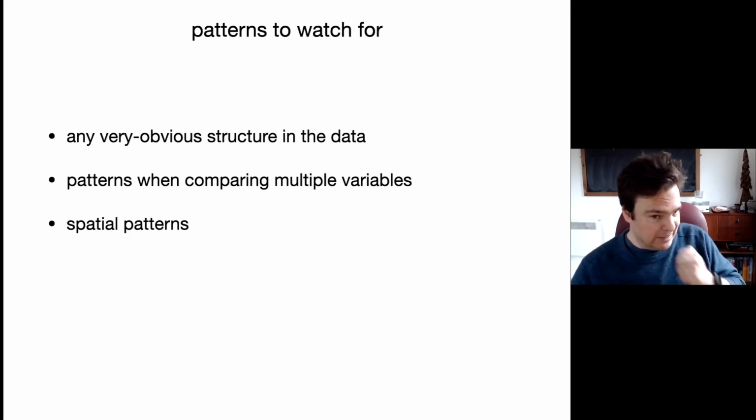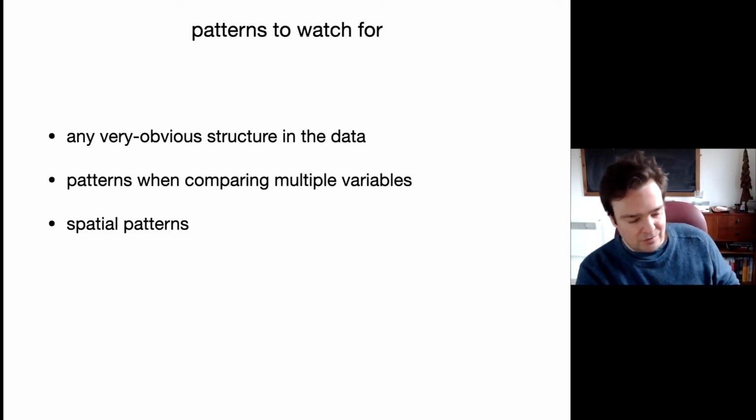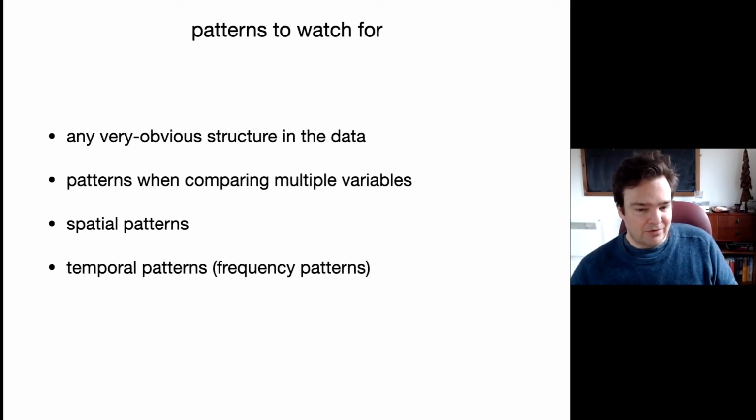Are there any kind of spatial patterns? If there's data about spatial locations that make sense to you, and we'll see some examples of this in the next slide. And if there are times involved, are there any time patterns that you would expect? So, I don't know if any of you looked at COVID case data over the last year.